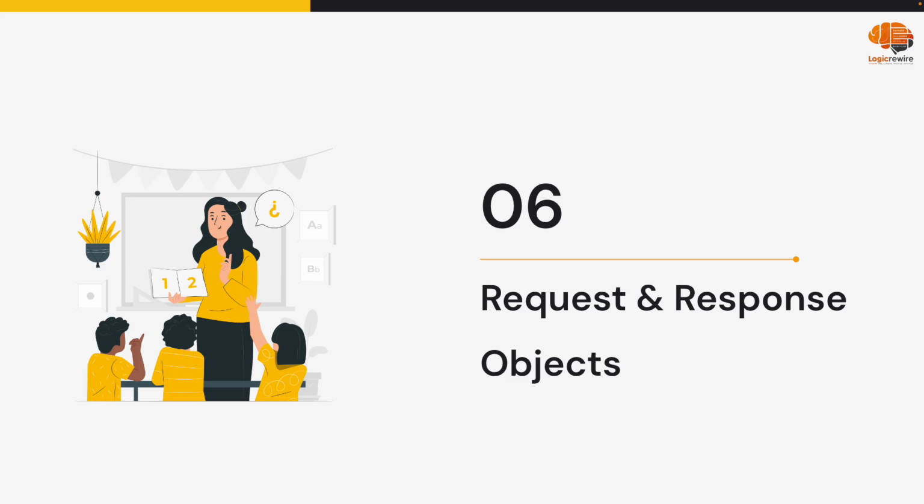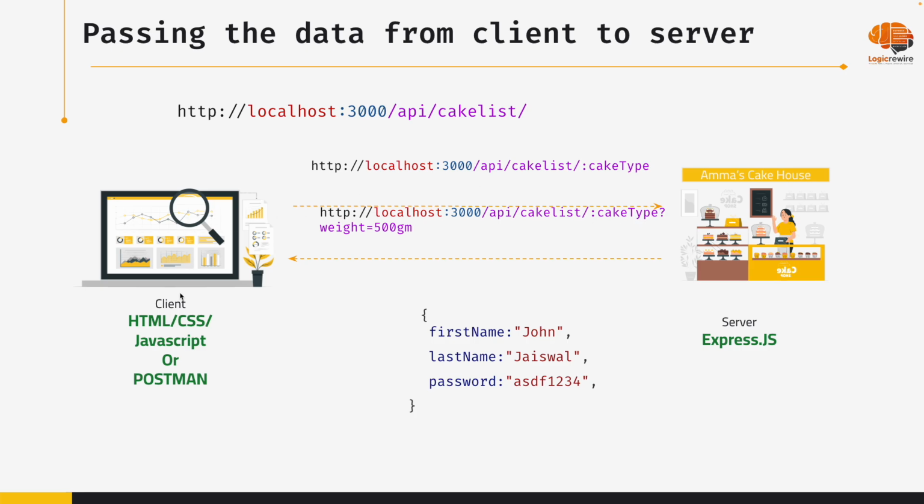What is the reason behind studying this? Let's suppose the client has to send a request to the server. Let's suppose the server URL is /api/cakelist. The client can send some data attached to this URL in different ways. Let's suppose the client has to send the cake list with a cake type.